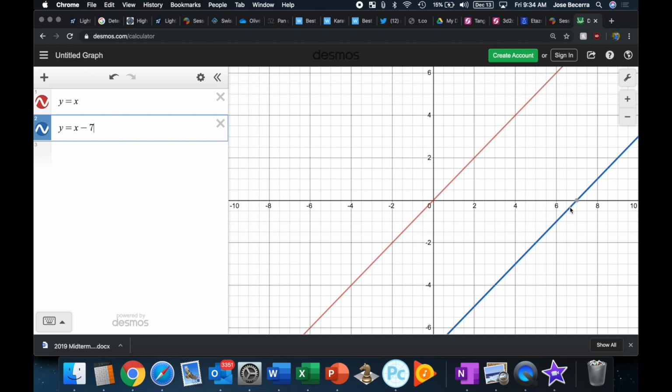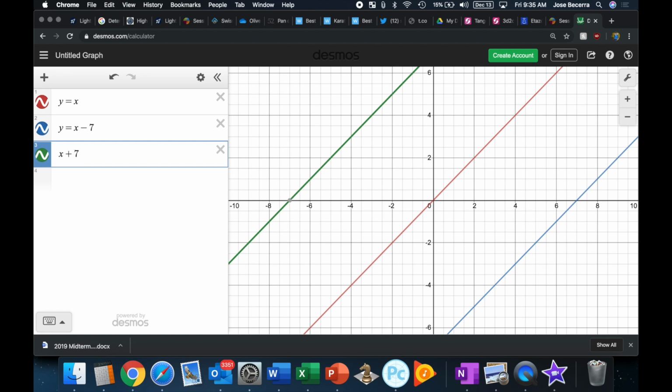To the right. It moved to the right. Y'all were played. Because remember, when it's inside the parentheses is when it's moving left and right. So in this case, x minus 7 moves to the right, and x plus 7 moves to the left.